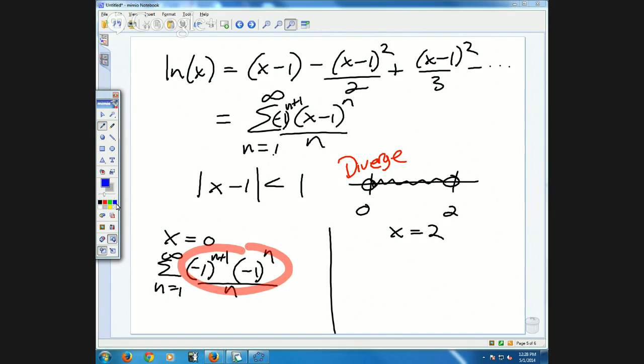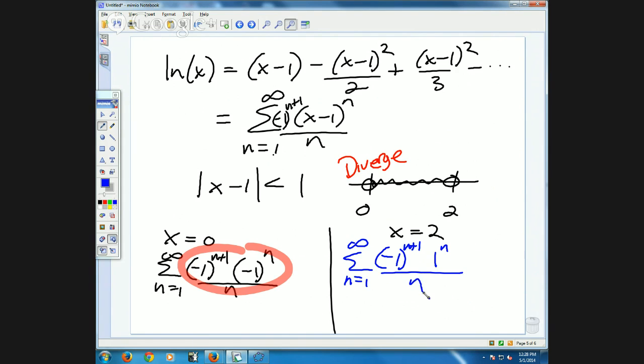Okay, so for the 2, we're going to have the sum as n goes from 1 to infinity of negative 1 to the n plus 1 times, let's see, 2 minus 1 is 1, so that's going to be 1 to the n. 1 to the n, that's useless. So what do we really have here?